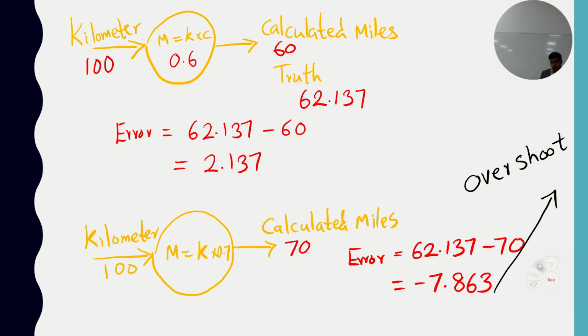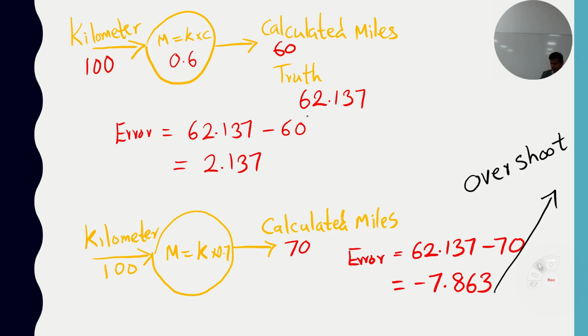So we call this the overshoot. But at this time we have come across an important concept in machine learning, especially with respect to the things that we are going to learn about neural networks. Let me briefly explain what it is. We know that we want to achieve zero error, right? That is our target.